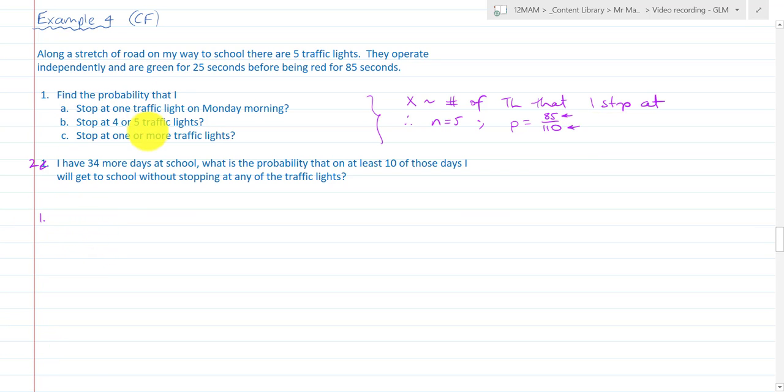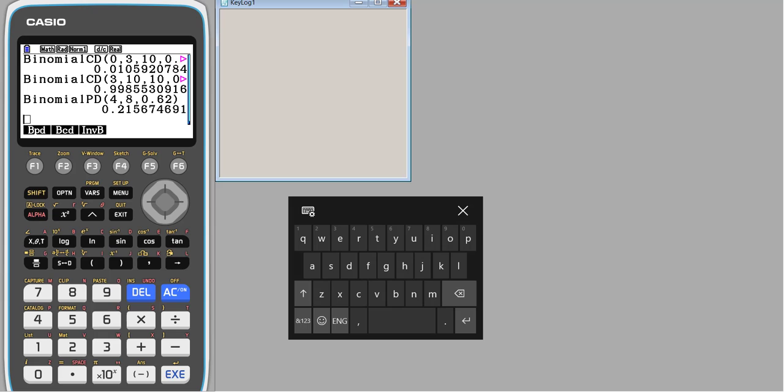The probability that I stop at 1 traffic light on Monday morning is the probability that X equals 1, and this will be equal to 5C1 times 85 over 110 to the power of 1 times 25 over 110 to the power of 4, and again I can just put this in the calculator. It's a point distribution, so it's BPD.